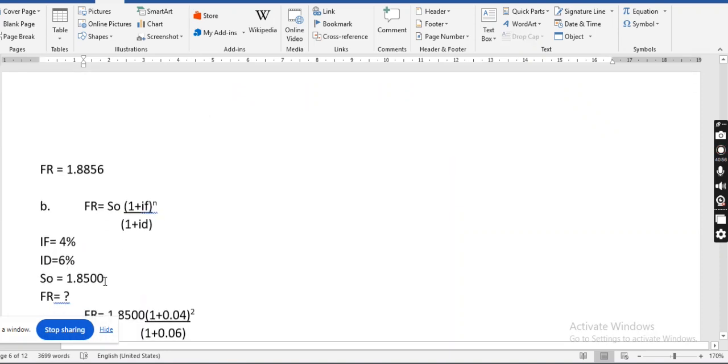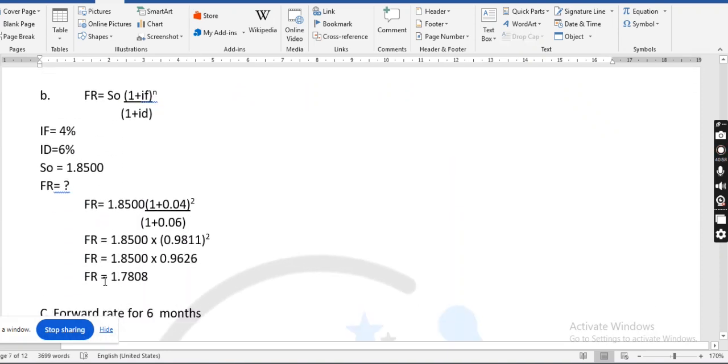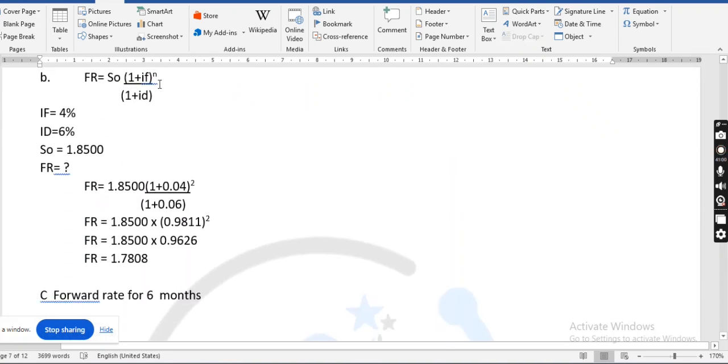However, we will still test the second formula, the one where we use the number of years, which is 2 years. Since this is for 6 months, we could say 6 divided by 12. We need to test it now, so that you will know that for a forward rate for 4 years, you maintain one formula, and for 6 months, you maintain one formula.